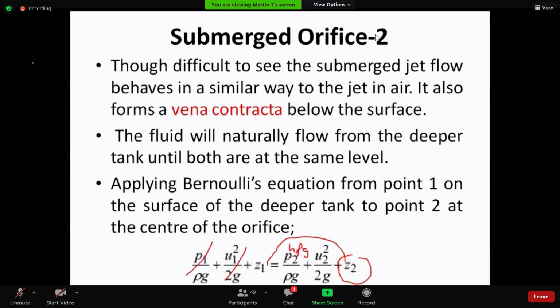The approach may be different. So I believe if you introduce another fluid, then our assumptions may not be valid.